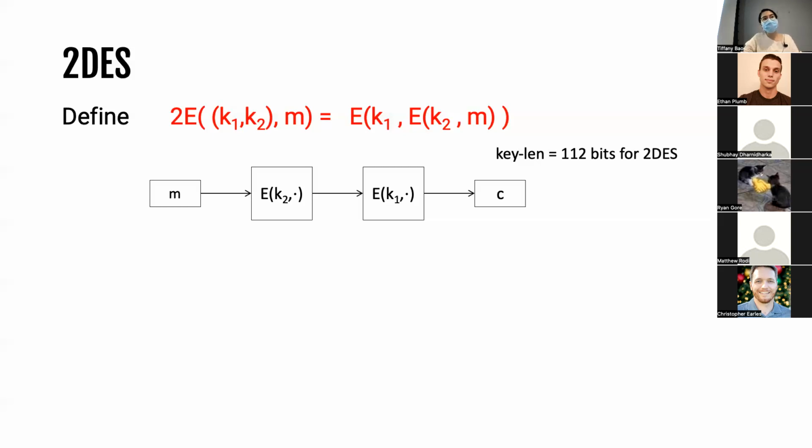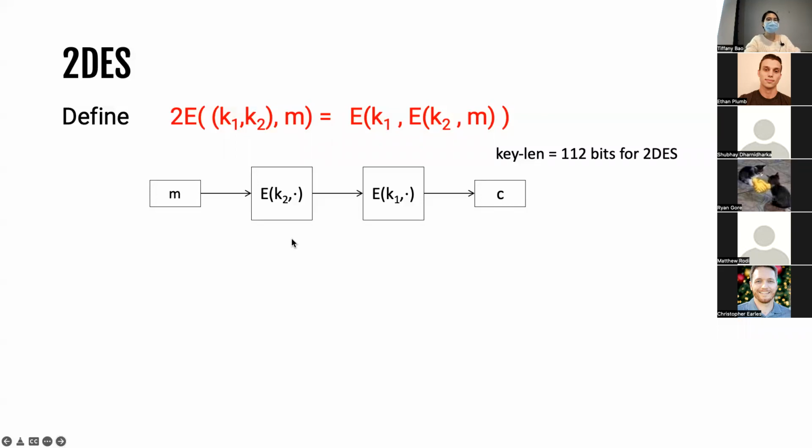And that encrypted message will be used as the input of the second encryption, so it's like the plaintext for the second encryption. So we pass that to the second E, encrypt again, and then we get the ciphertext, all right?